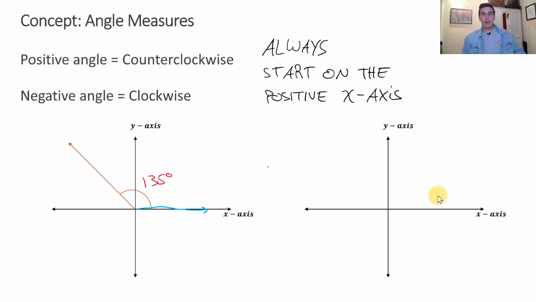Likewise, if I have an angle of negative 210 degrees, I am starting in the positive x-axis, and now I'm going negative 210 degrees, so that's going to be clockwise, because that is a negative angle. Again, counterclockwise is positive, clockwise is negative for my angle measurements.